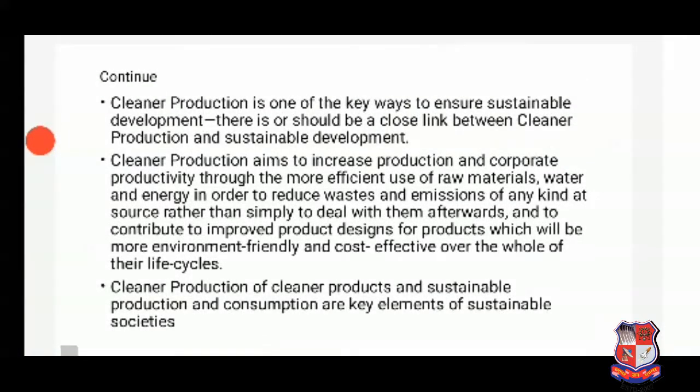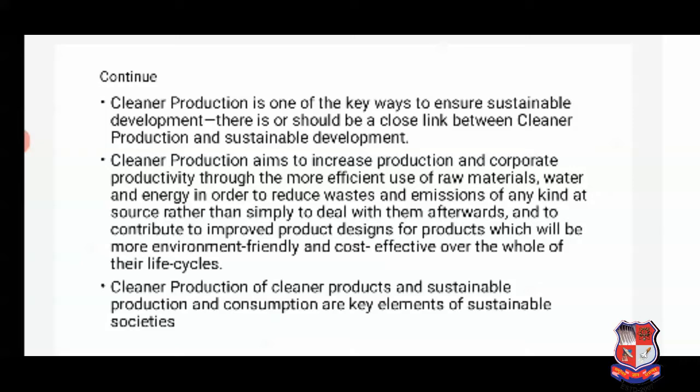Next, we see that cleaner production is a key way to ensure sustainable development, and there should be a close link between cleaner production and sustainable development.